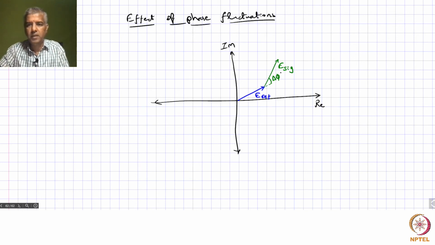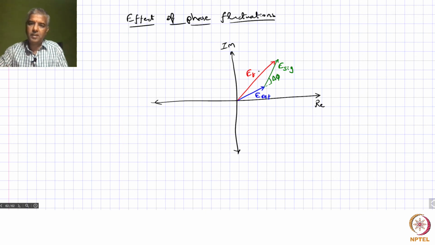So E sig has an angle delta phi with respect to the phasor corresponding to E ref. Then the total field that we see at the receiver is a combination of these two. That will correspond to the total field.